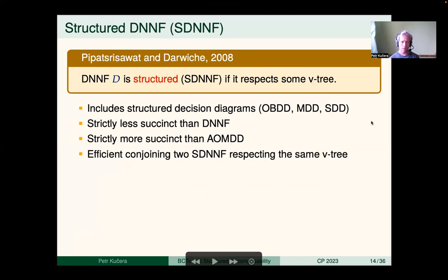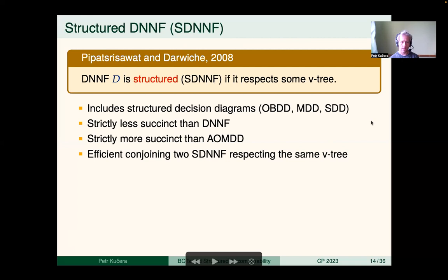So structured DNNFs have, again, very nice properties. They were introduced in 2008, as I mentioned. They include structured decision diagrams, which are all the well-known diagrams like ordered binary decision diagrams, multivalued decision diagrams, sentential decision diagrams.